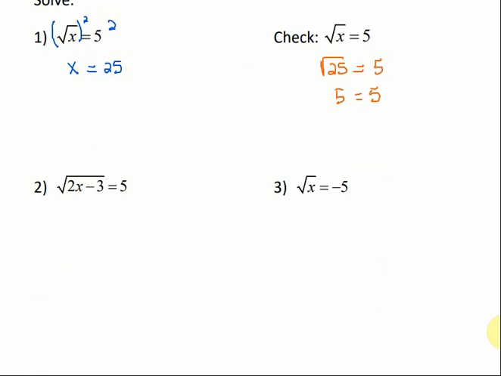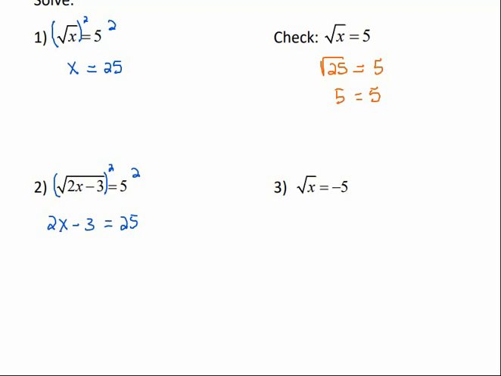All right, so let's try another radical equation. Again, we already have the radical by itself on one side of the equation, so we're going to undo that by squaring both sides. So when I square this square root, it cancels out and I'm left with 2x minus 3 equals 5 squared, which is 25.